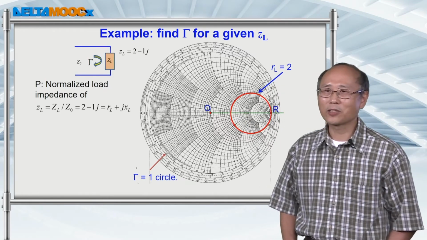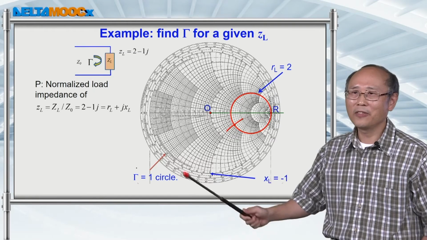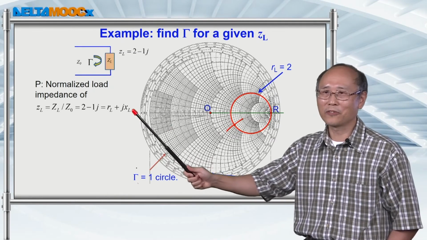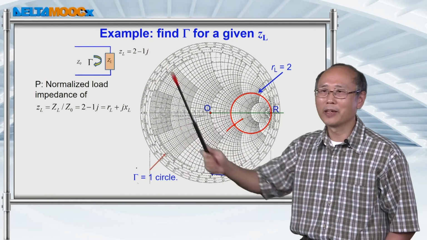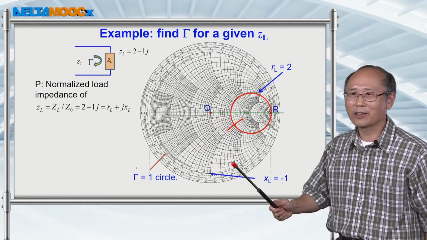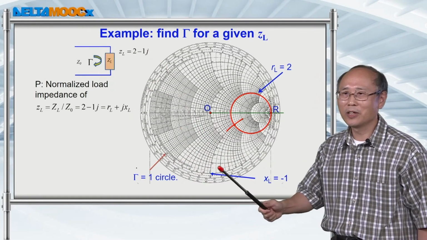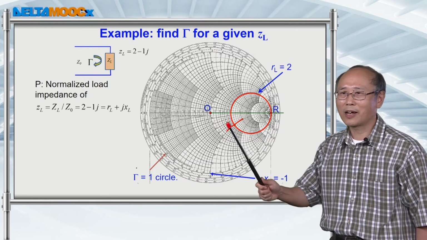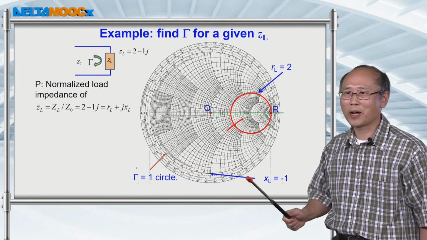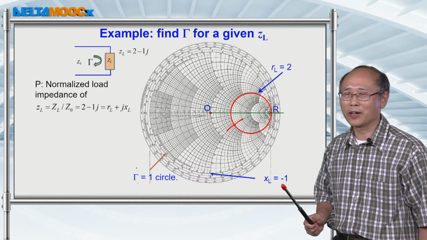And then next, we want to find the circle associated with XL equal to minus 1. So you read on this circle, you can identify that this branch of the circle corresponds to XL equal to minus 1.